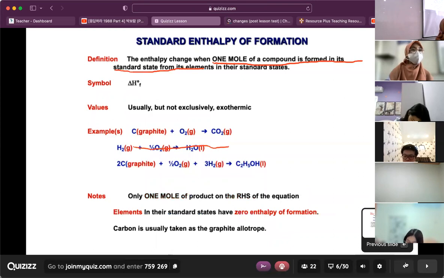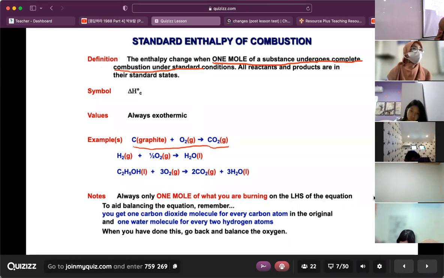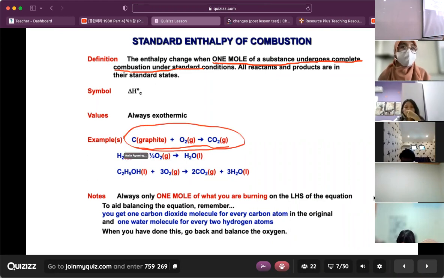Enthalpy change of formation: we have carbon and oxygen becomes CO2. And then in combustion, we meet again carbon and oxygen becomes carbon dioxide. Yes, it is correct that carbon plus oxygen becomes carbon dioxide. We can define this enthalpy change as enthalpy change of formation as well as enthalpy change of combustion, because this reaction defines those two types of standard enthalpy change.